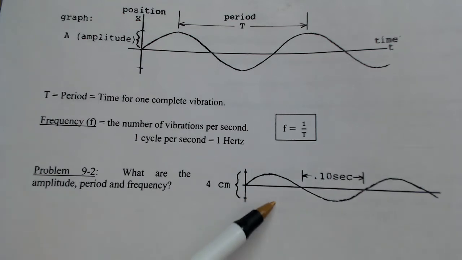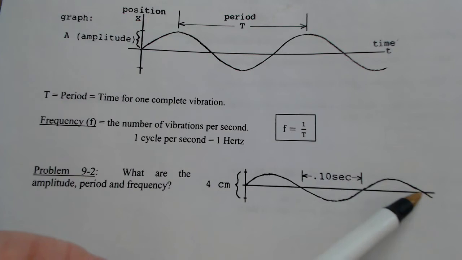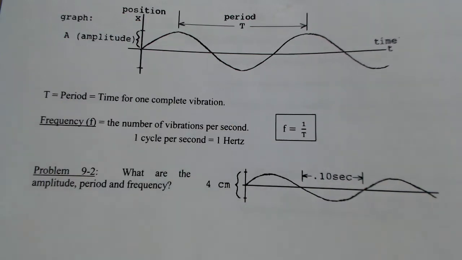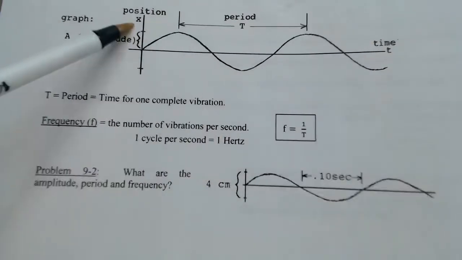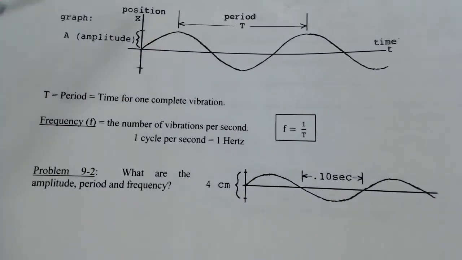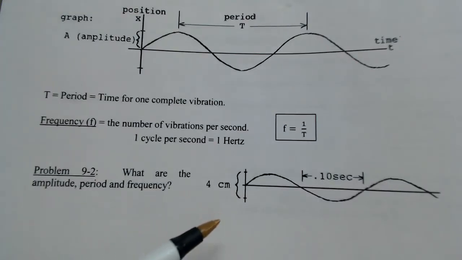You've got a graph down here showing position as a function of time, just like the graph that's further up the page. I probably should have labeled the axes. My 9th grade algebra teacher would yell at me. Based on what's labeled on that graph, determine these things here.